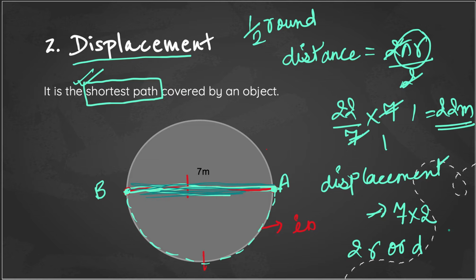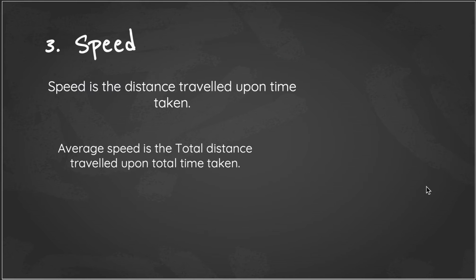So I hope that this is clear. And what is 2r or d? It is 14 meters. So 14 meters is our displacement, whereas 22 meters is our distance. Moving on to the next topic, we have speed.